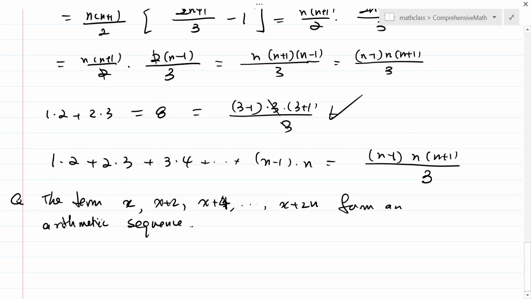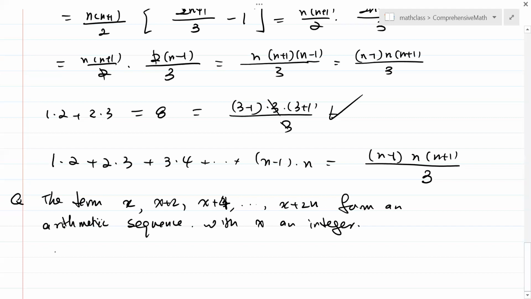X is an integer. If each term of the sequence is cubed, the sum of the cubes is negative 1,107. So what is the value of x if n is greater than 3?